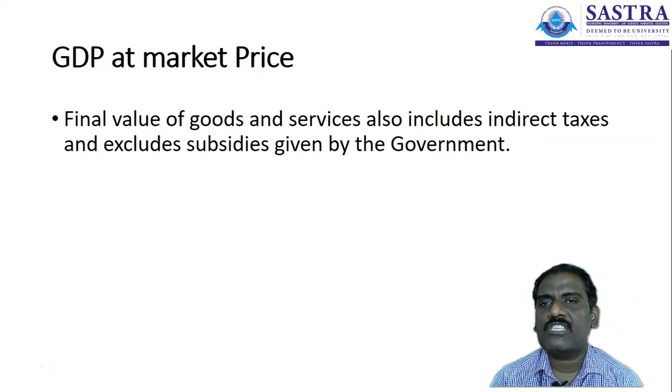The essential goods available in the market, and the price at which the consumer pays and purchases the product from the market, that is what we call the market price calculation of gross domestic product. And we exclude the subsidies given by the government, which are adjusted with the market price.